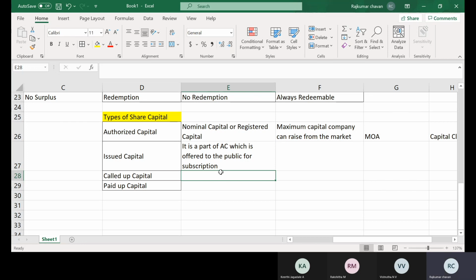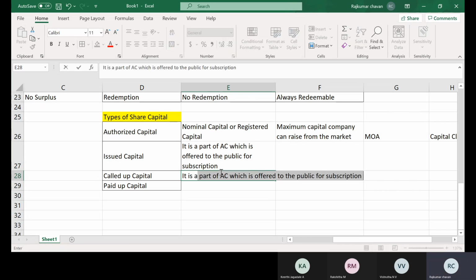Next one is called up capital. What is called up capital? It is the amount which is called by the company from the shareholders.